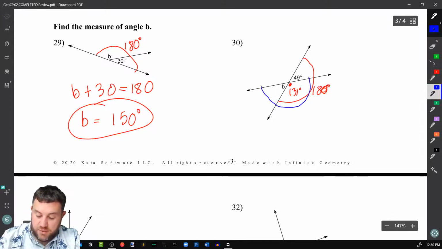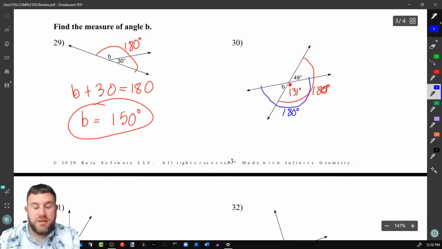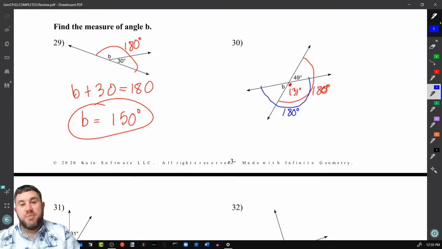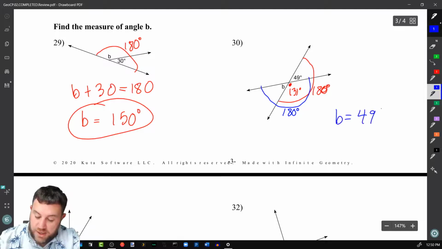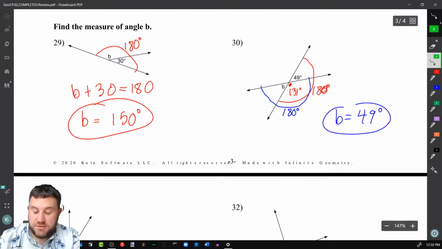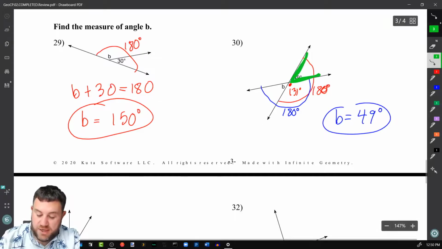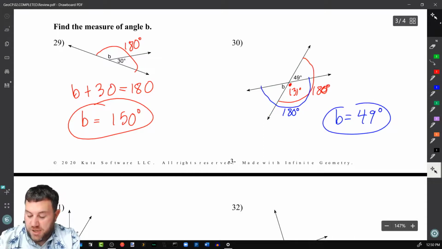And then we know these two add up to 180 degrees. So we could do 180 minus 131. And that's going to give us 49 degrees. And what we'll learn soon is that vertical angles will always have the same measure. We're not there yet, but they will always have the same measure.